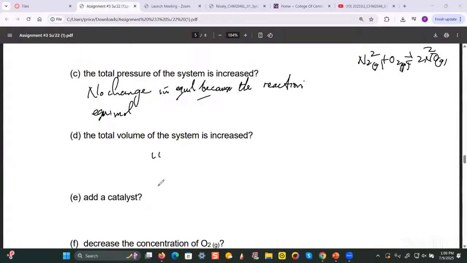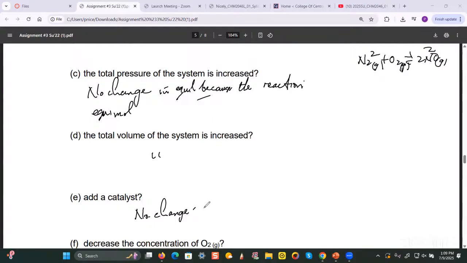What about E? Adding a catalyst. No change. For a different reason, but no change, because remember we said that when you add a catalyst, you're increasing the rate of both the forward and reverse reaction to the same extent, right? So therefore the equilibrium position will not change.